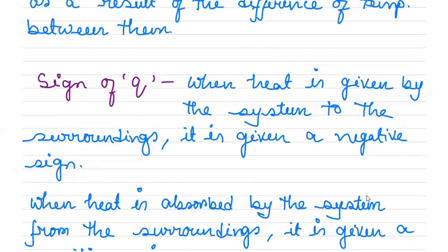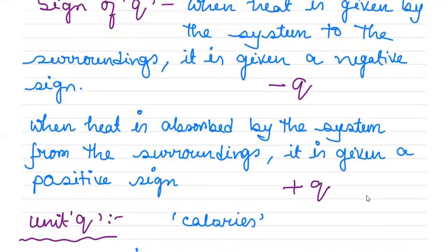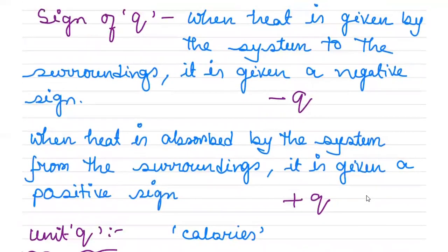That means when heat is given by the system, it will be minus Q. And when heat is absorbed by the system from the surroundings, then it will be plus Q. Very important thing to remember. In thermodynamics, the sign of different quantities is very important.